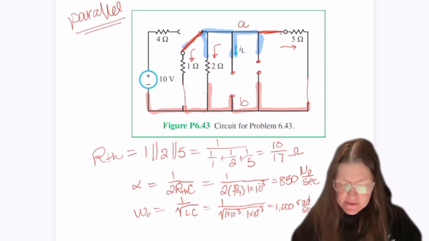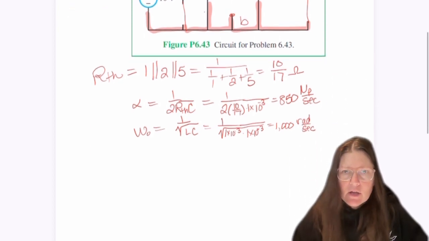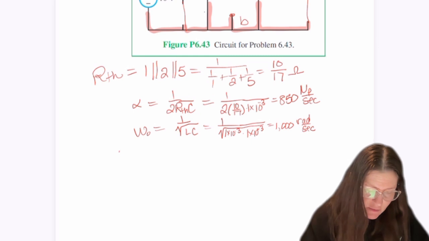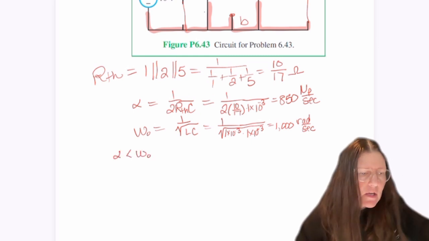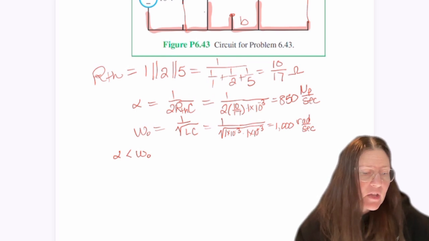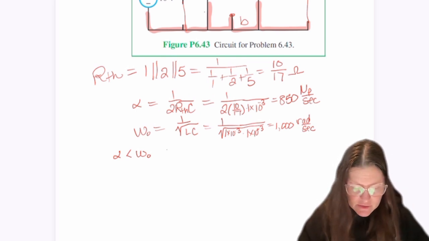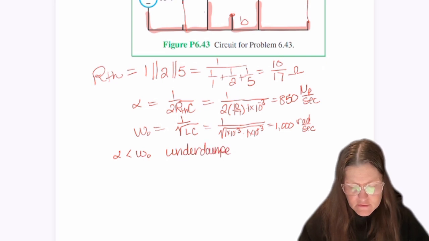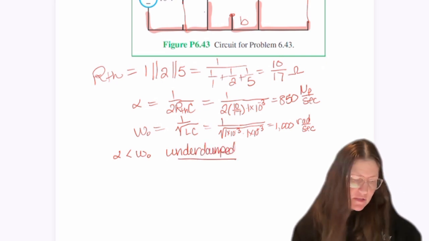So that puts us at alpha is less than omega naught, and so it's going to be underdamped. So an underdamped condition.